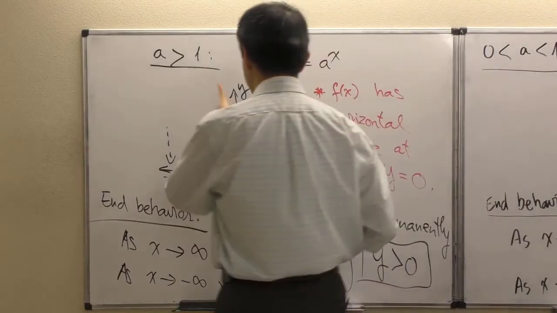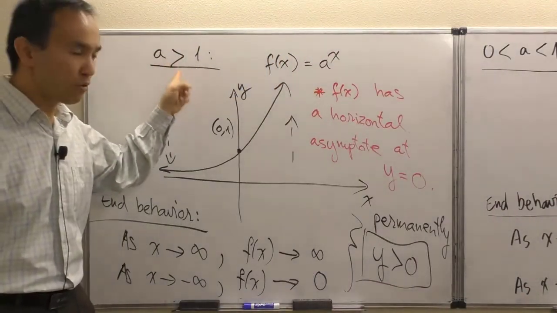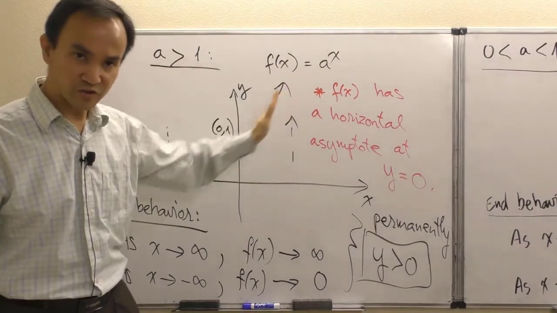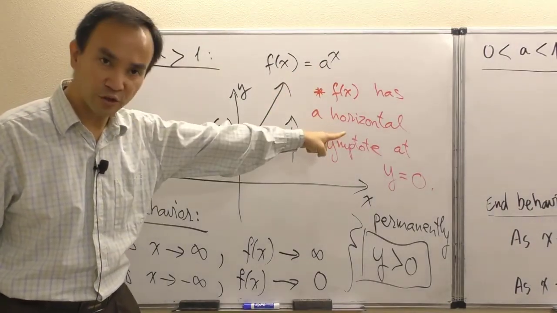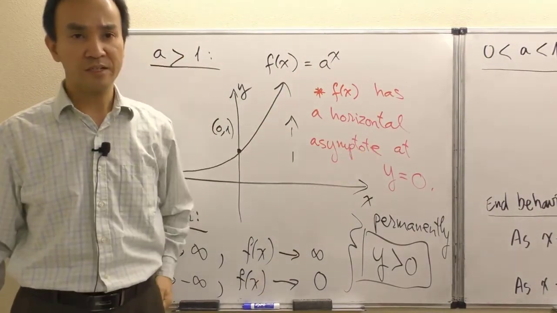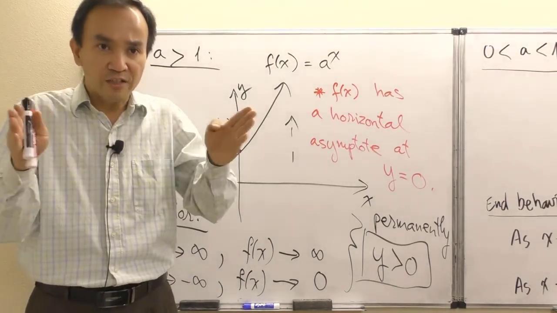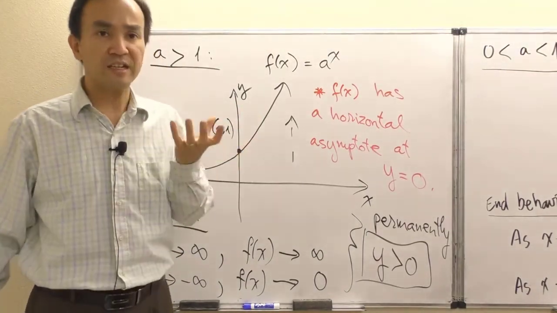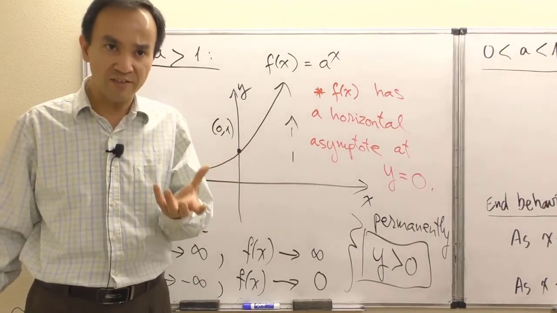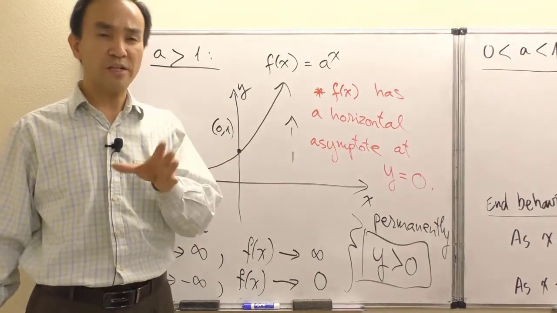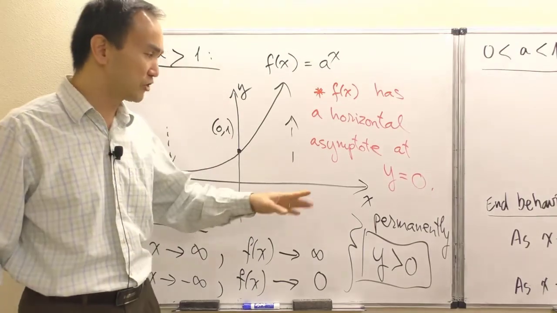It's also the same here when the base was greater than 1. Those graphs there also have a horizontal asymptote at y equals 0 right there. Okay, so it looks like it's a common property regardless of what that base is. The simple a to the x function will have a horizontal asymptote no matter what.